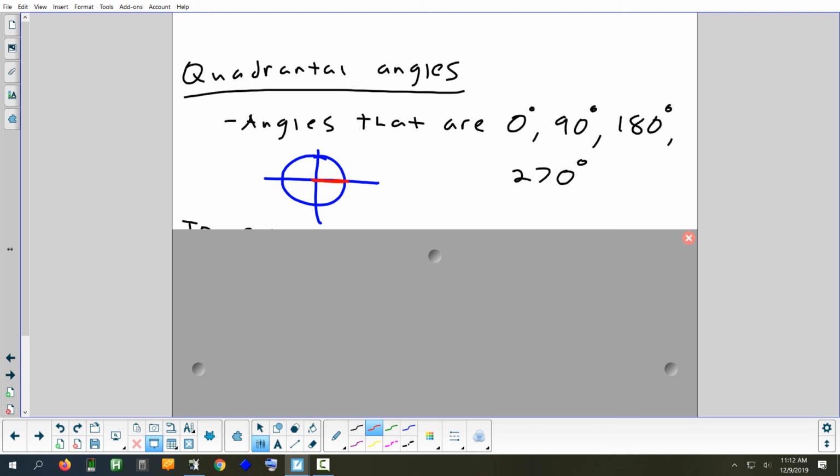Down would be 270, but up. There's a 90. Right there is the point where the terminal side hits the circle. I want to know the coordinate for that point. Well, you haven't gone left or right at all. You've gone straight up. And how far up do you have to go, starting at the origin, to get to the edge of the unit circle?